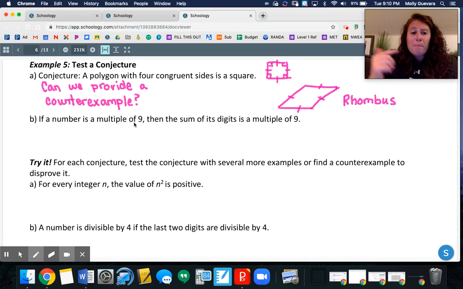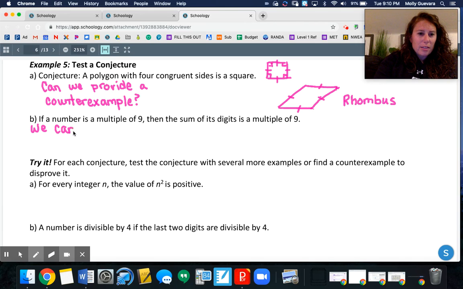So there's no way that I could test every single number. I'm going to make a quick note that we can't test every number. It's just impossible, right? Multiples of 9 go on to infinity.